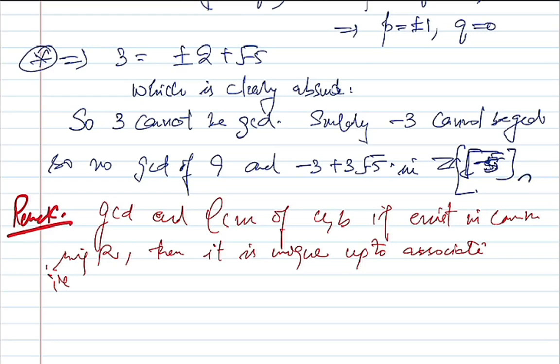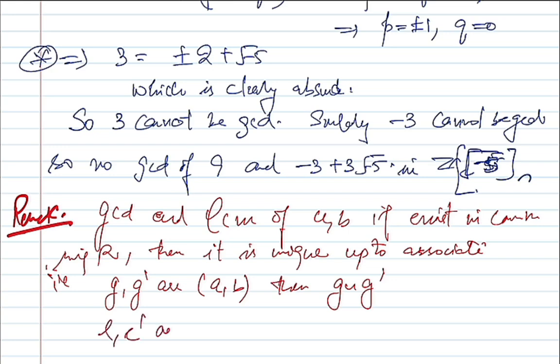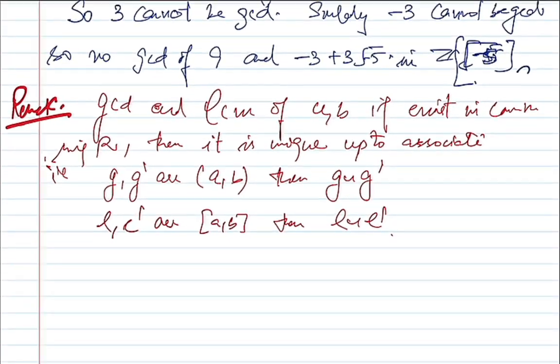That is, if G and G dash are GCDs of A and B, then G is associate to G dash, and if L and L dash are LCMs of A and B, then L is associate to L dash.